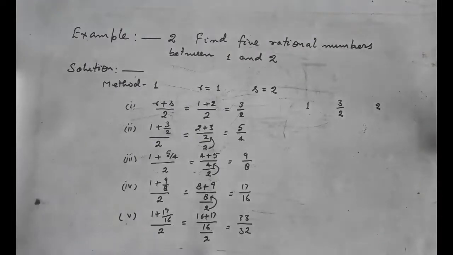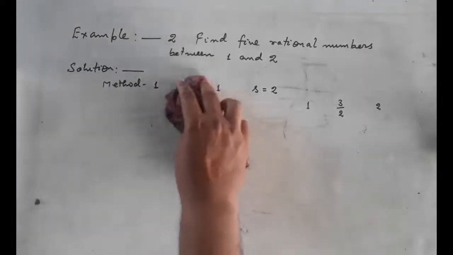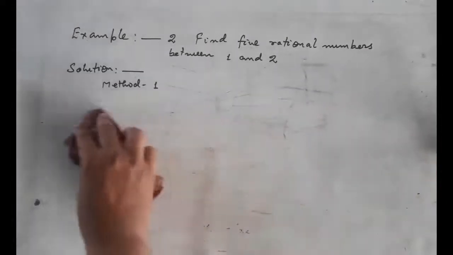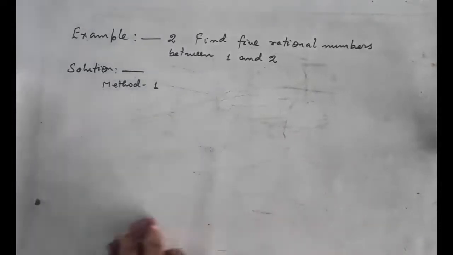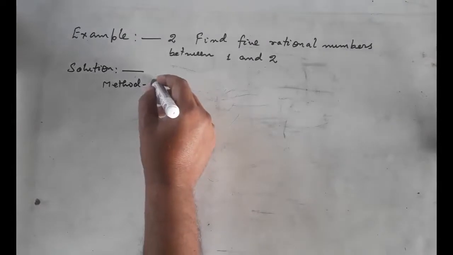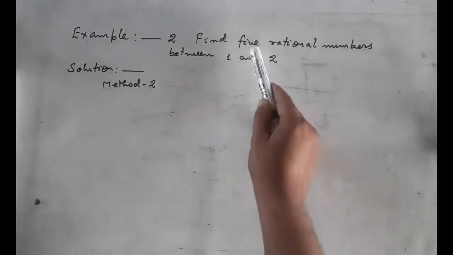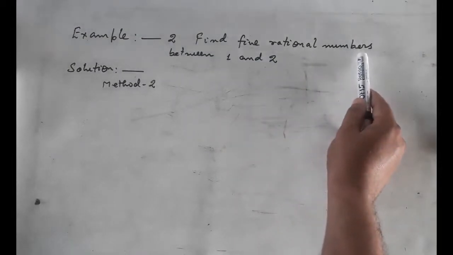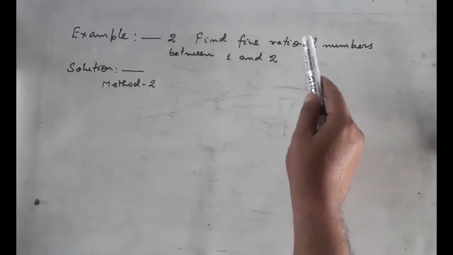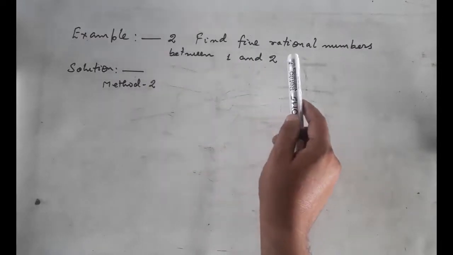Now we are discussing your second method, that is very easy. Method second. We have to find 5 rational numbers between 1 and 2.